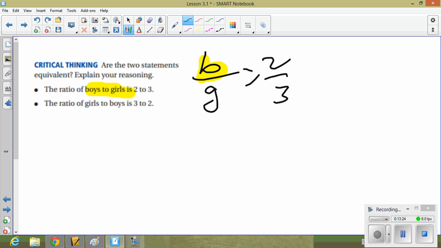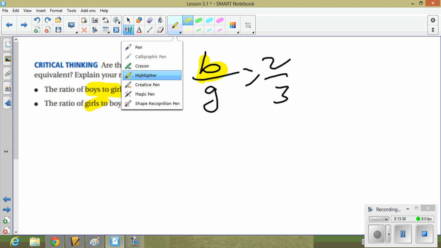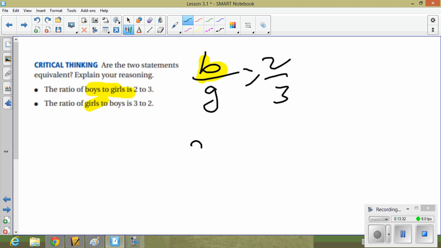It's asking us if girls to boys, 3 to 2. It's asking us if these 2 are the same ratio. Are they equivalent? Okay, so are the statements equivalent? Yes or no, and explain why.